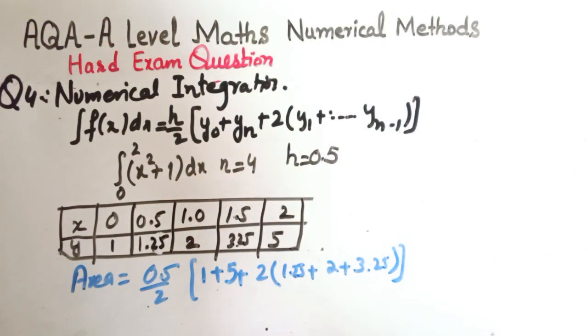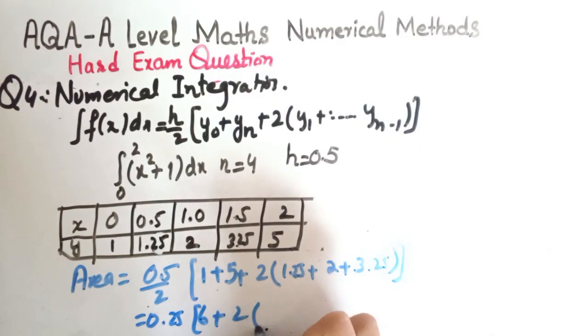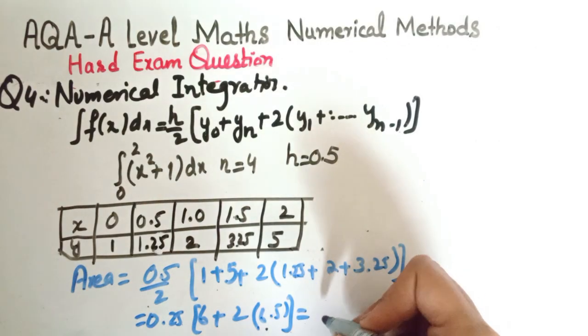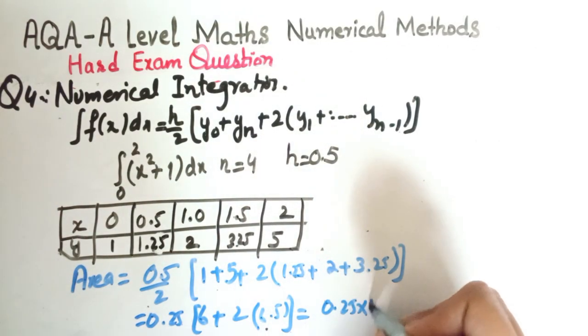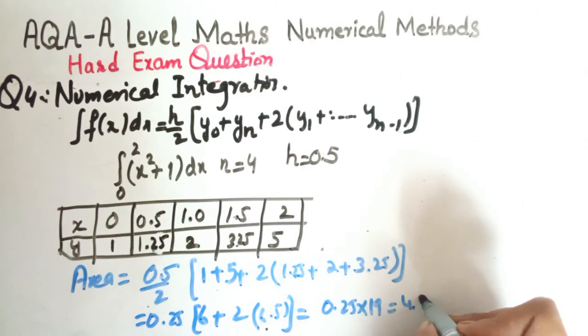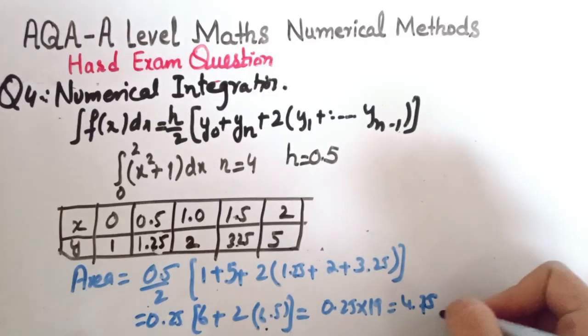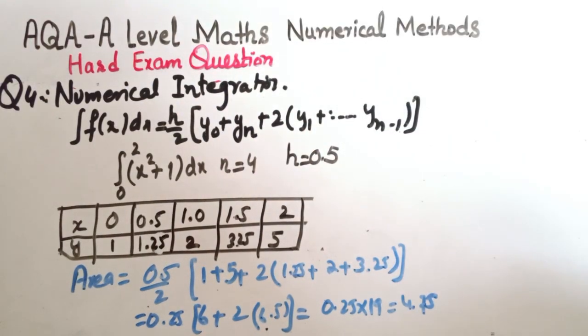By solving this we get 6, then 0.25 into 6 plus 2 times 6.5, that is 0.25 into 19, that is 4.75. So we get the answer 4.75.